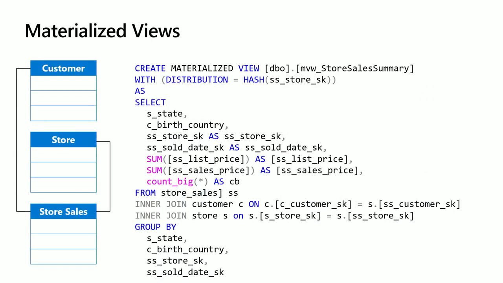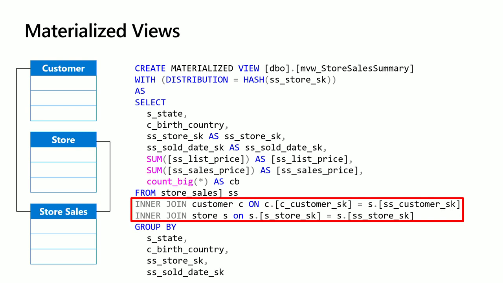So let me talk a little bit about materialized views. Some other platforms refer to them as aggregate join indexes. They enable you to remove both the cost and aggregation from running the same query repetitively. So consider this materialized view that I've got here, and I'll point you to a couple of things. First of all, I've got joins in the view.